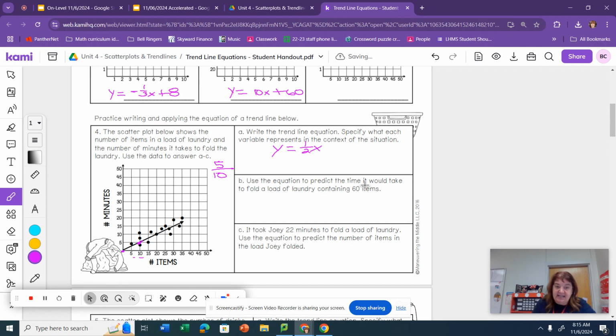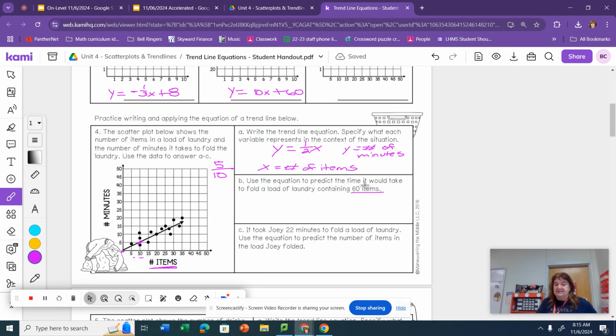Well, it tells you right here, guys, x is the number of items, and y is the number of minutes.